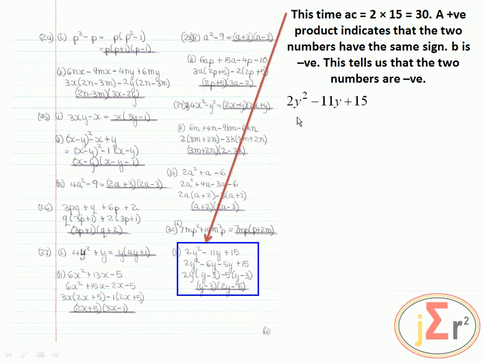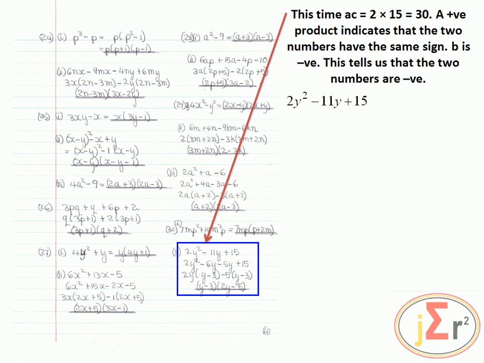Therefore, we are sure that the product is positive 30. And if the product is positive 30, what do we know for a positive product? The two numbers must have the same sign. And if the two numbers have the same sign, the middle one is negative. We cannot add two positive numbers and get a negative answer.